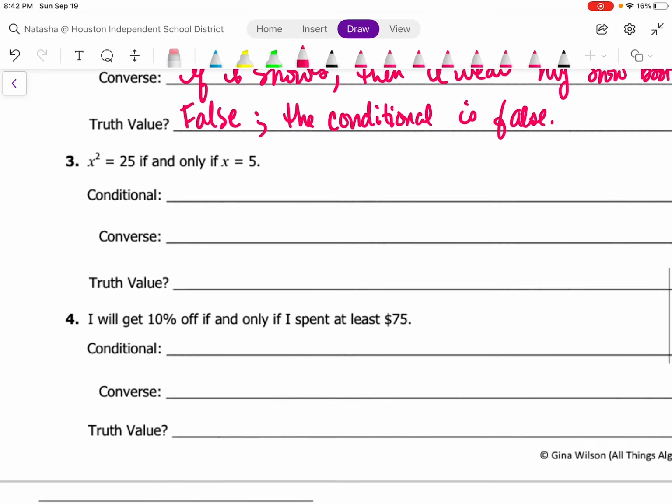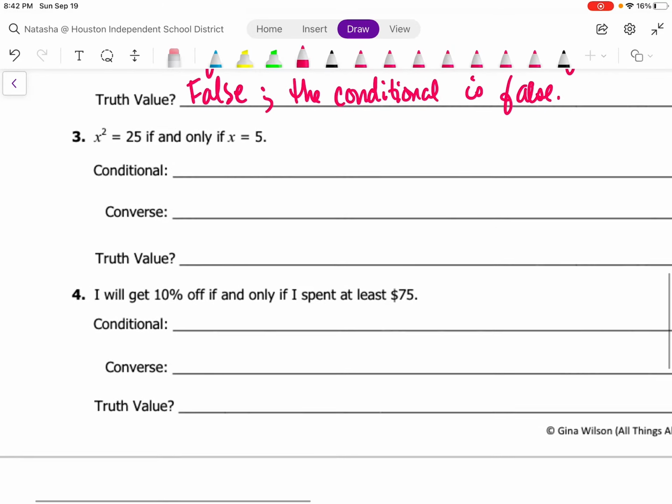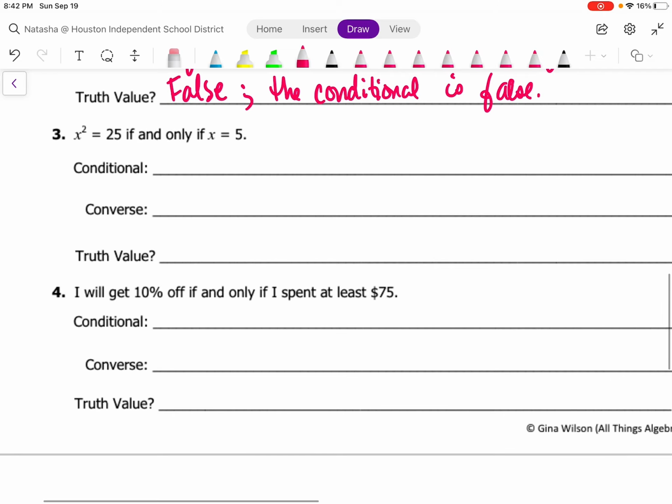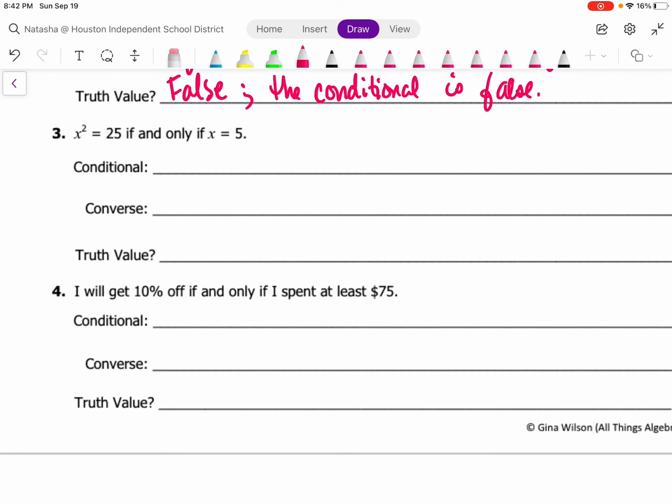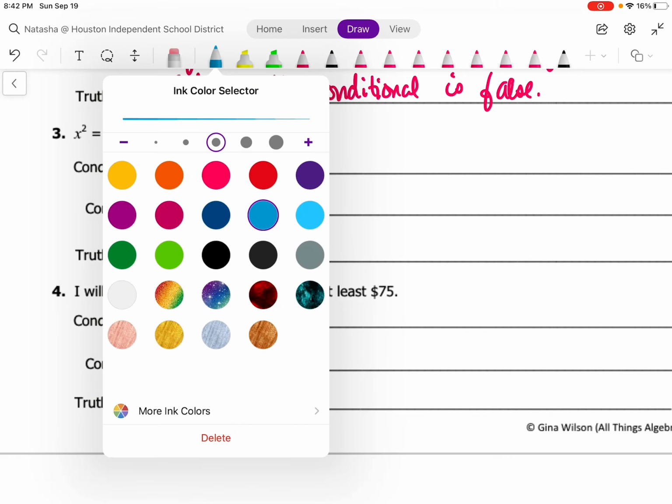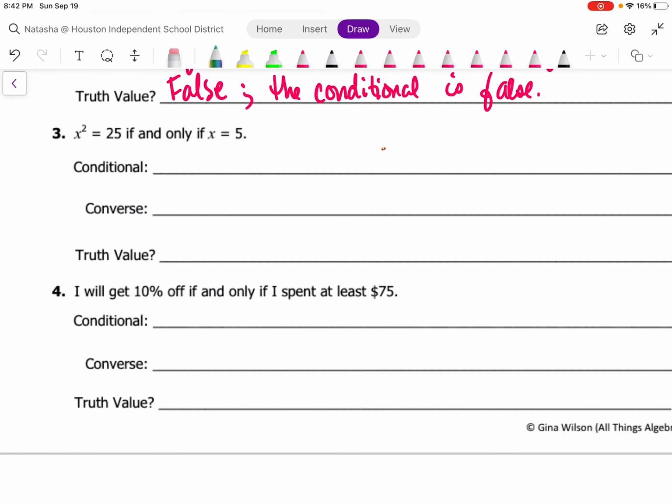All right, now I would like you to pause the video and try to do 3 and 4, see how you do, and come back and we will go through it. All right, so I'm going to go ahead and keep going. The conditional is: if x squared is equal to 25, then x is equal to 5.